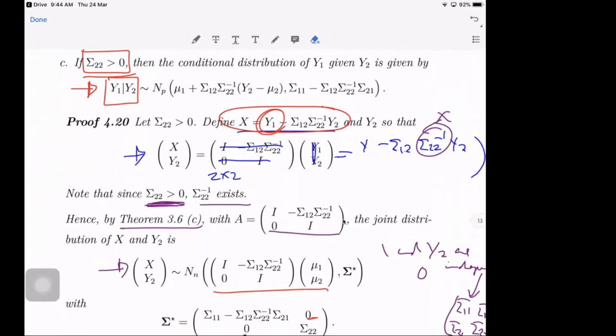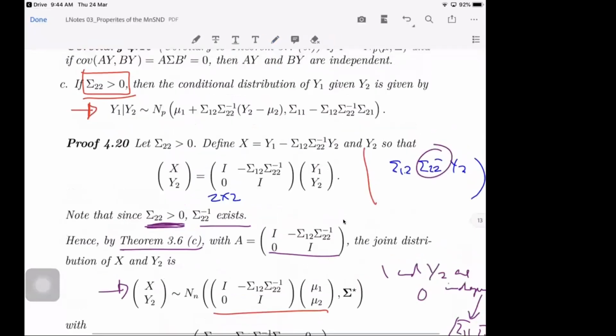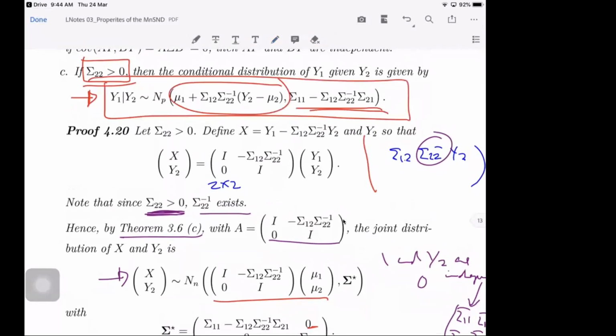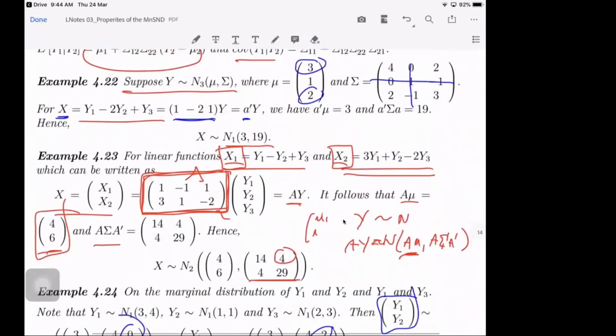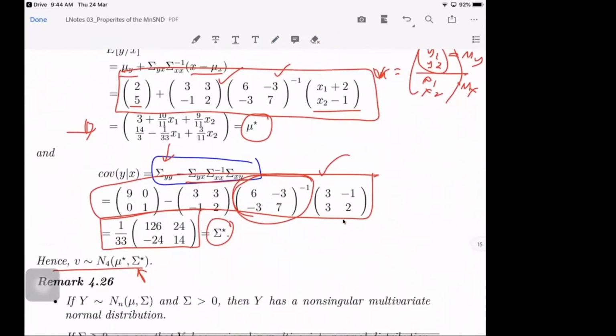So this is the formula of the conditional distribution of y given x. Once you partition it, this is the mean vector, so you just substitute it, and this is the covariance matrix. That is how you apply the formula.